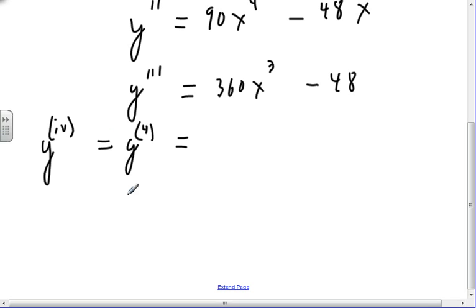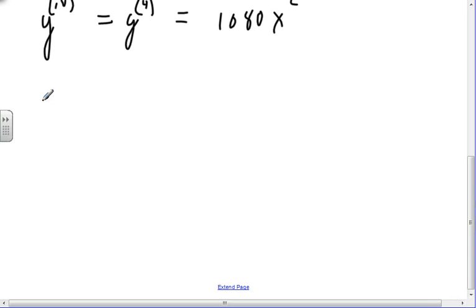Very rarely do you see it written with four prime marks like that. That would be improper for a normal math person to say. Oh, what is this? 1080x squared. Okay, so once you get started, you just don't stop. That's the bottom line.